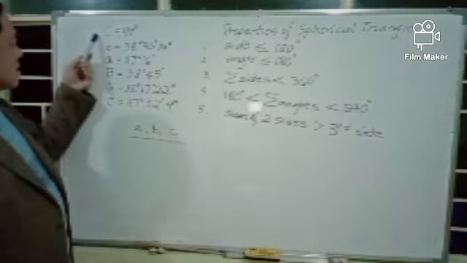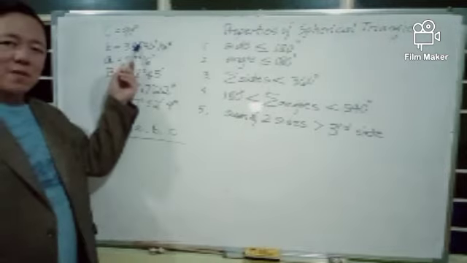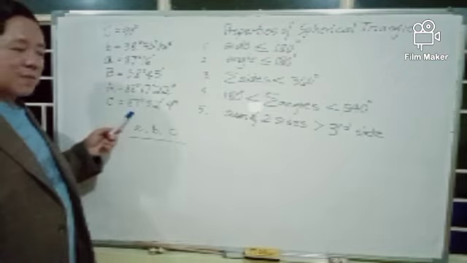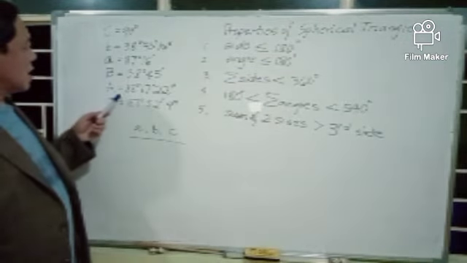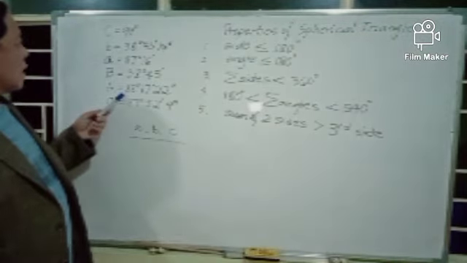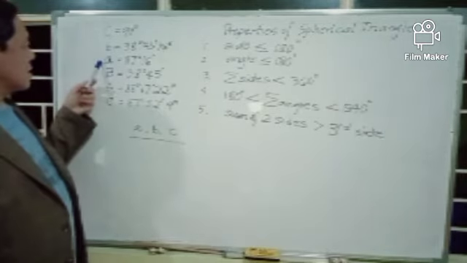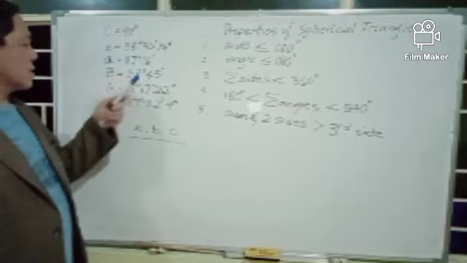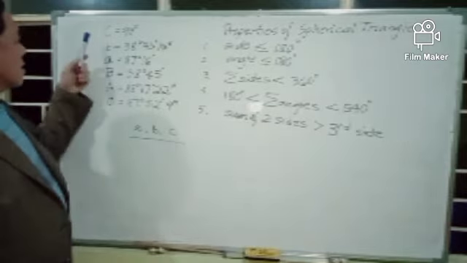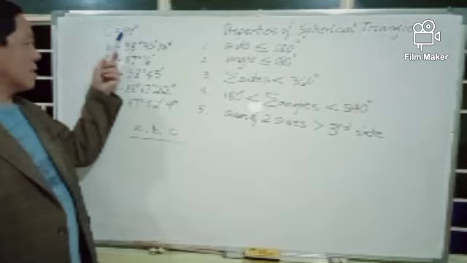We take angle C and angle A. Angle C is the right angle, 90 degrees, and the side opposite angle C is 87 degrees. And angle A is 88 degrees. The side opposite angle A is 87 degrees 16 minutes. Between angle C and angle A, the bigger angle is the right angle C, 90 degrees.